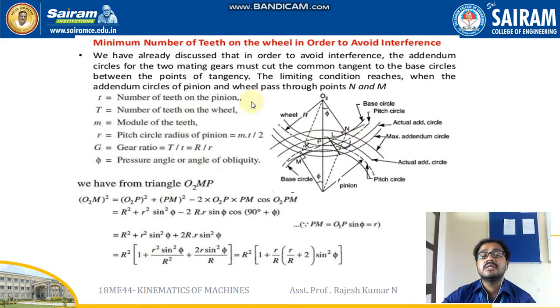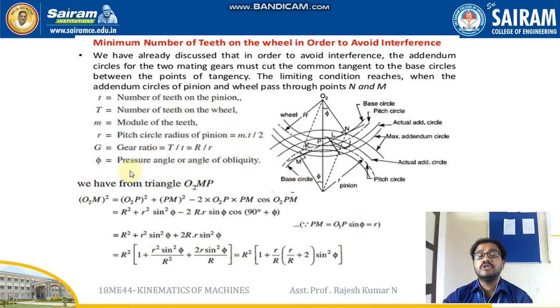So to do this, let small t be the number of teeth on the pinion, capital T the number of teeth on the wheel, and M the module of the teeth. Small r is the pitch circle radius of the pinion, which can be calculated using the formula M times the number of teeth on the pinion divided by 2.